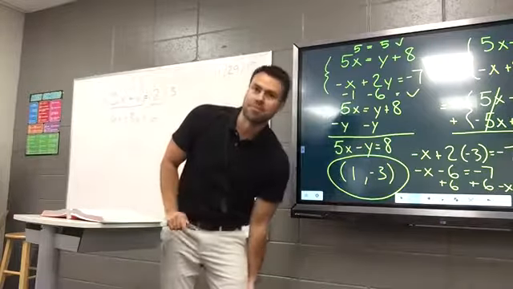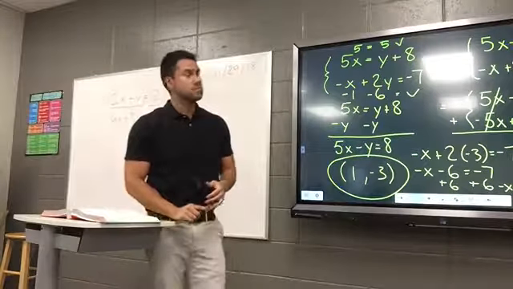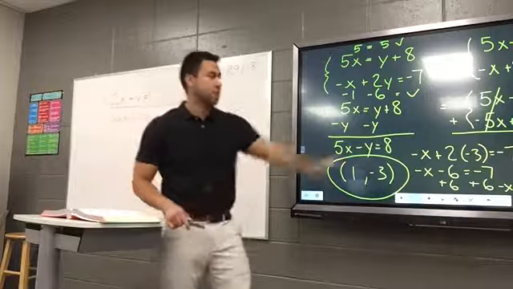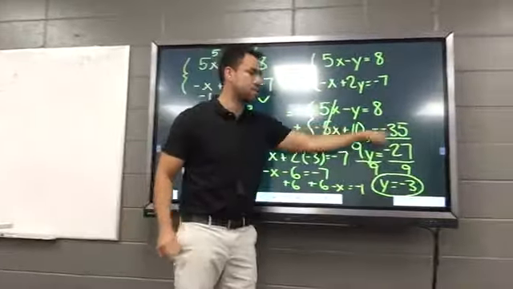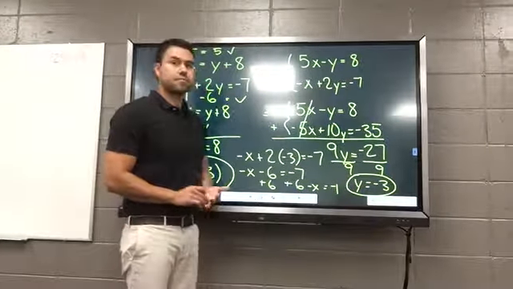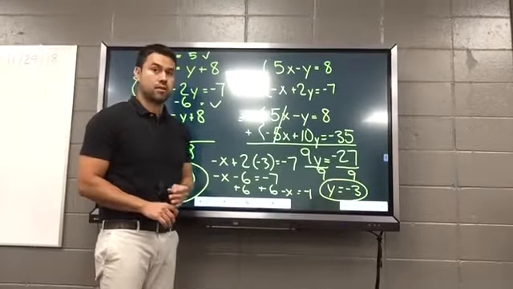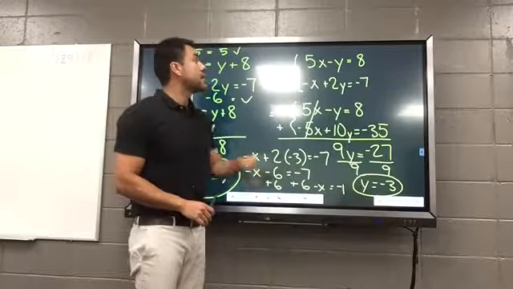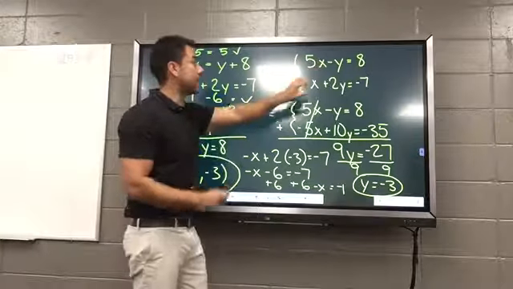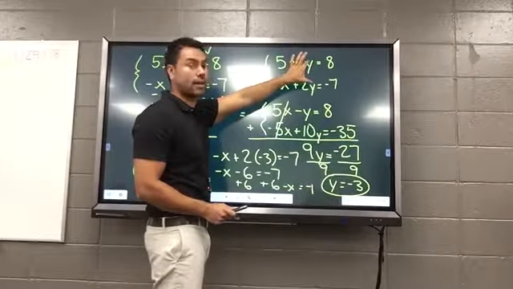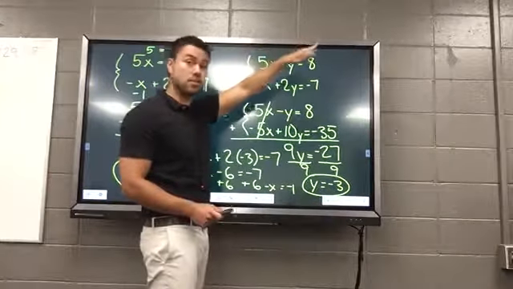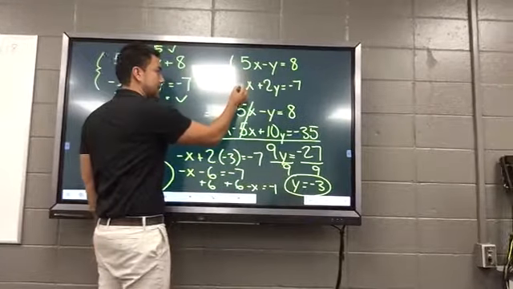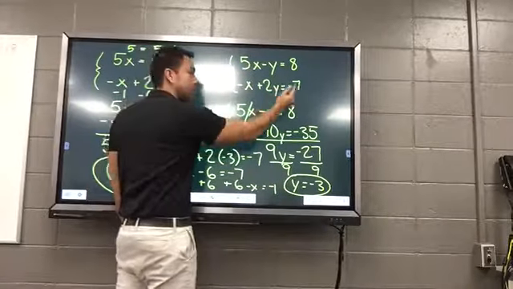I'm still not sure, you multiplied that by 5? The bottom one by 5, yep. How do you know whether to multiply it by 5 or 2? Because of the LCM of the 2 y's. If you want to focus on the y's, I would have multiplied the top by 2. I wanted to eliminate the x's, so that's why I multiplied by 5.